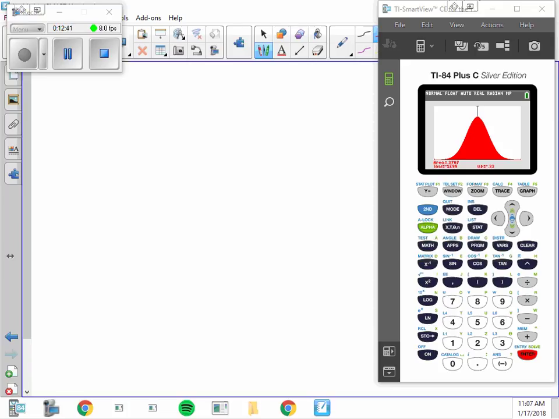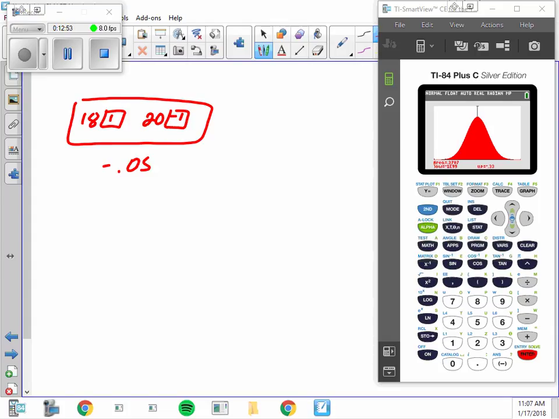So the first one, we have a box with 18 ones and 20 negative ones. So the average of the box is negative 0.052. So times 100 draws, you're expected to lose $5.2 per 100 draws.